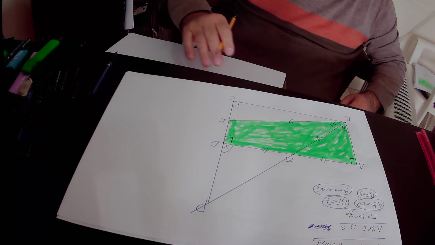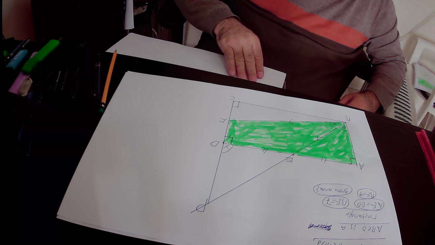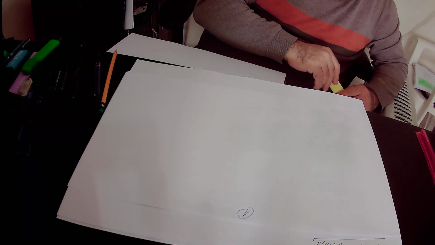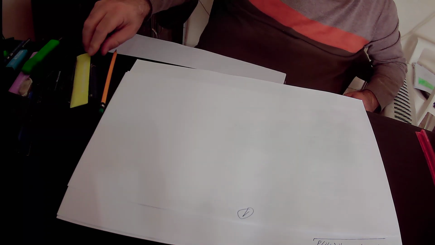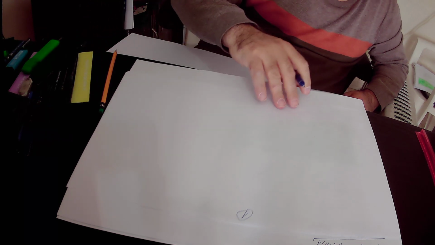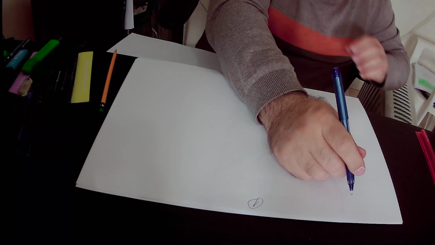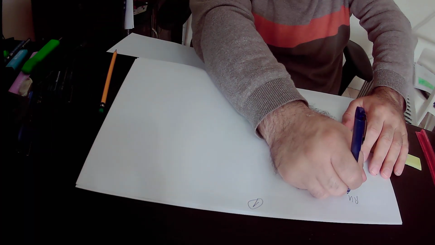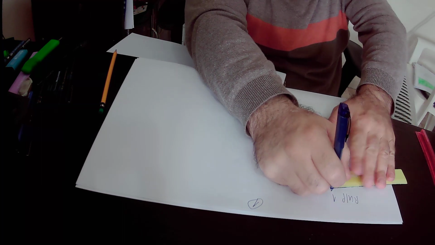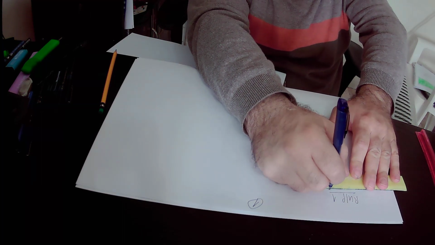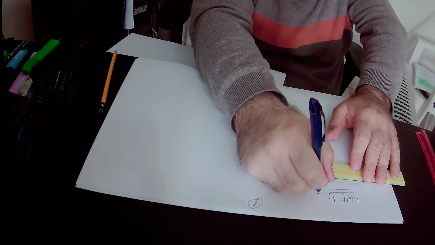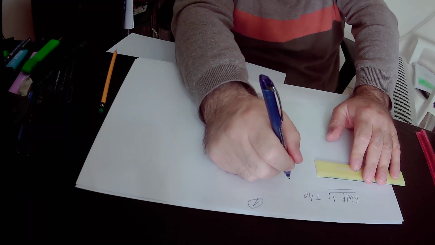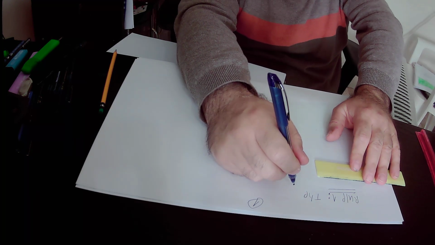So first of all I will present to you a new rule, number 1. According to rule number 1, the sum of the angles on one side of a straight line is equal to 180 degrees.